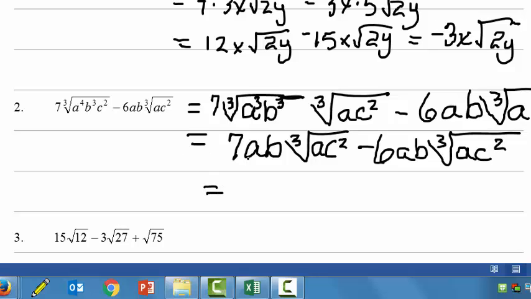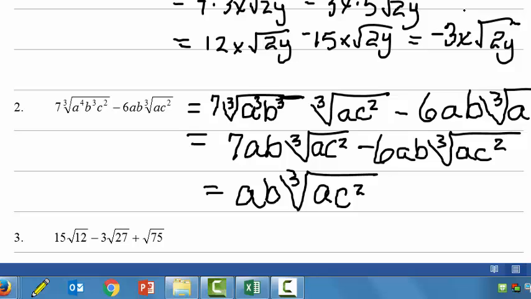And so we see that we have 7ab minus 6ab times this radical, so that's 1ab, or simply ab, times the cube root of ac squared. And that's my final answer.